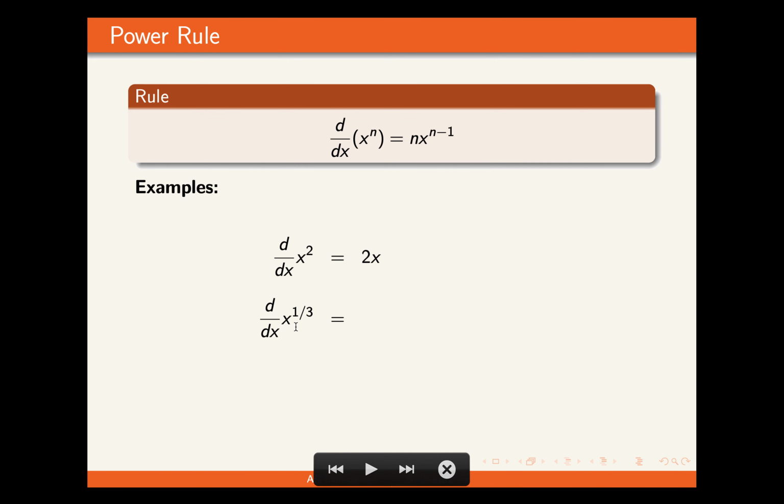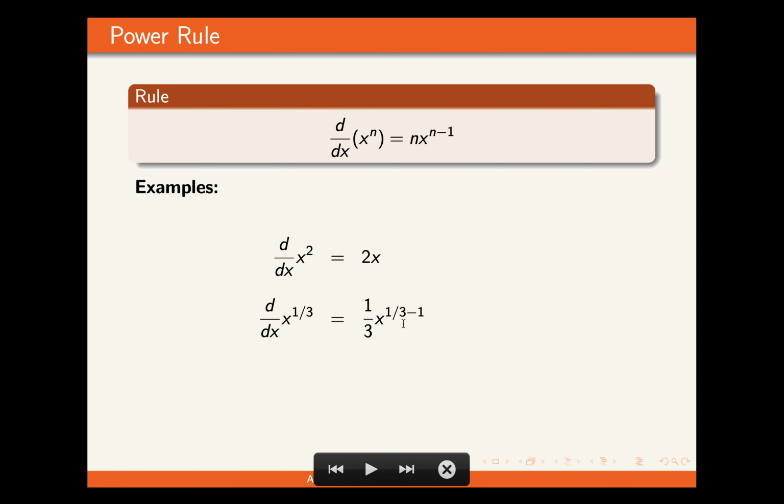Similarly, the derivative of x to the power 1/3. Can we use the power rule here? Yes, definitely. Why? Because this is again a power function, since in the power we have a real number. So let's apply the power rule: bring the power down, which is 1/3, write down x as it is, and subtract the power by 1.